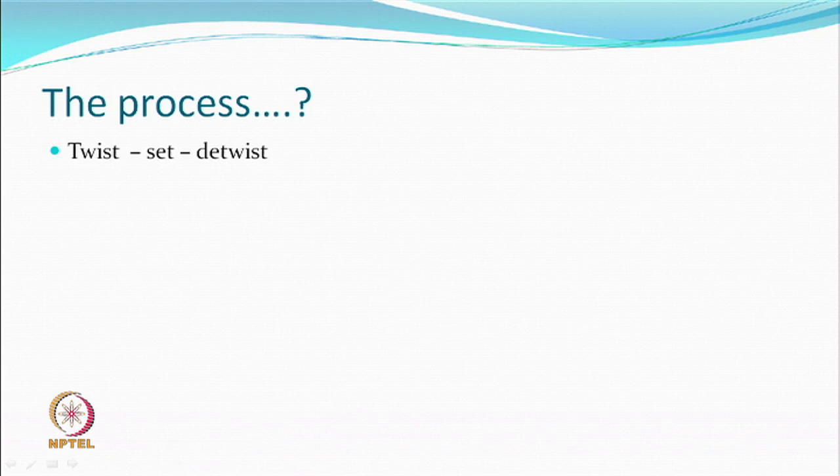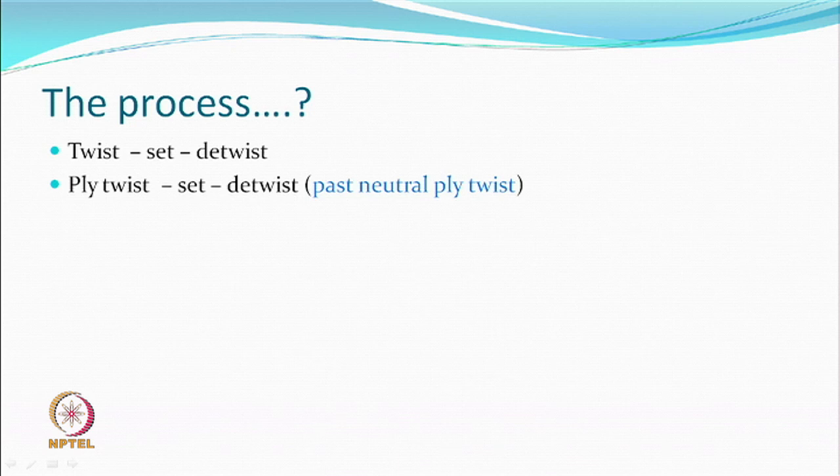Generally, people have used a batch process, where you make a twisted yarn, take a lee, do the solvent process, and then retwist after the process is over. That can be done only in multifilament yarn. If you have a spun yarn, then you can use another, slightly modified process, which is the ply twisting, set and retwist.